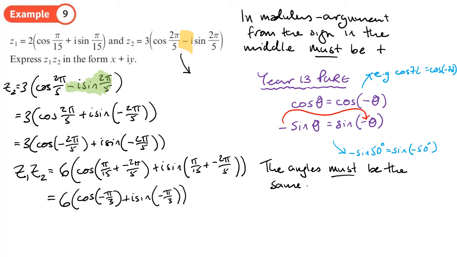Right, and now all we need to do, if we want to write it in the form x plus iy, is expand the brackets. So x will equal 6 times cos negative pi over 3. Y will equal 6 times sine negative pi over 3. So let's work out what we get.